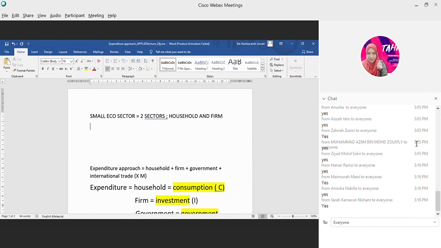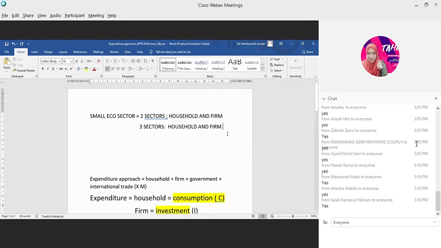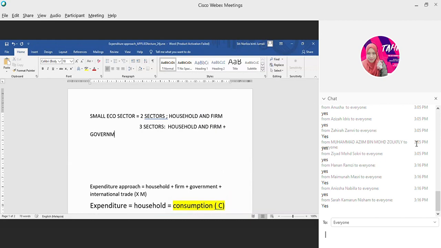Then we have the medium one, three sectors, if government starts to intervene in the economy. So household and firm, plus government. So this is three sectors.